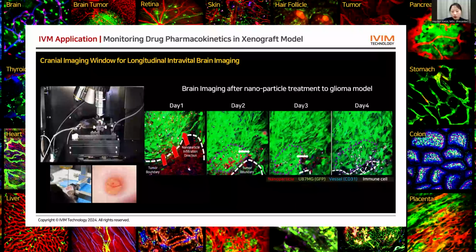From day 2, white fluorescent immune cells were seen infiltrating the glioma boundary and penetrating the tumor tissue. This suggests that the administered nanoparticles enhance immune cell activation and recruitment, thereby modulating the immune response to attack the tumor in the brain.